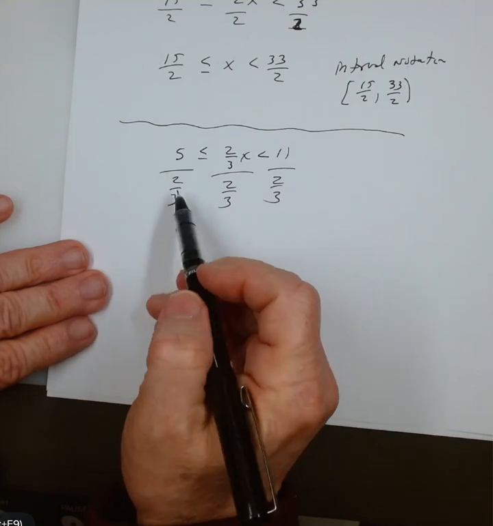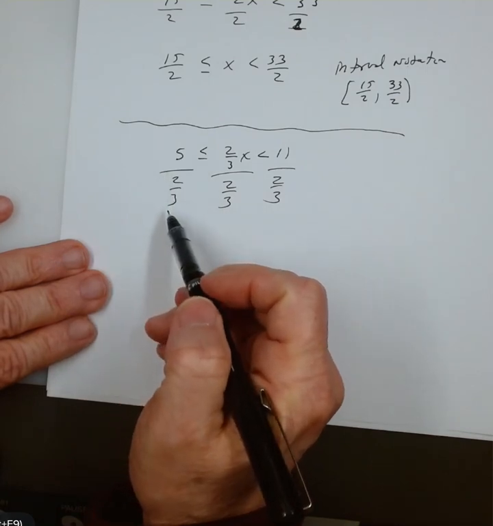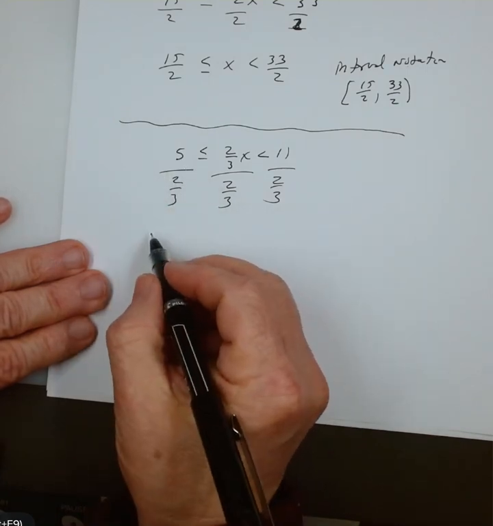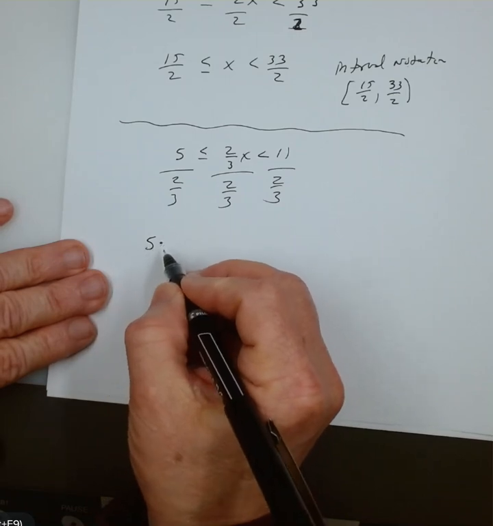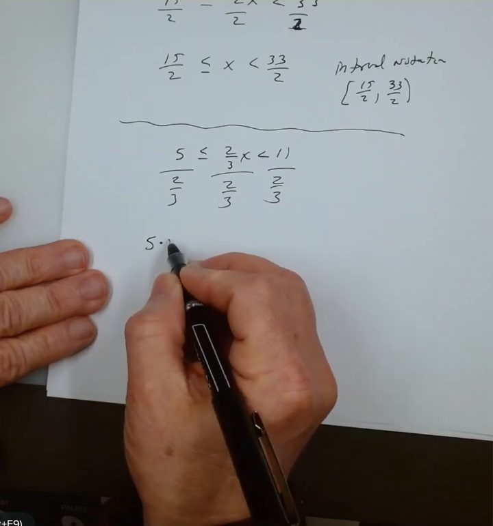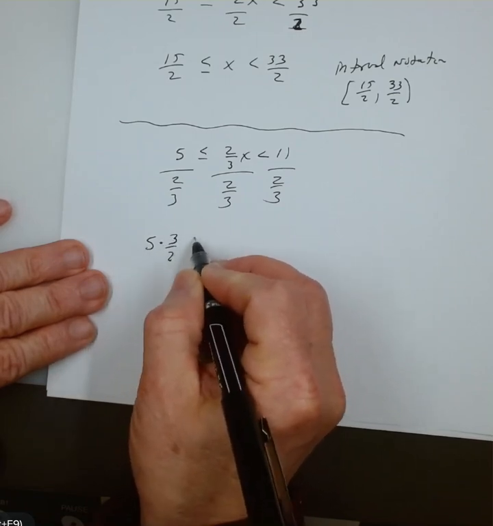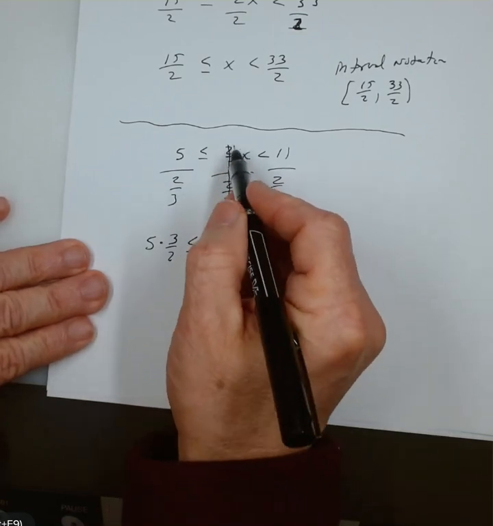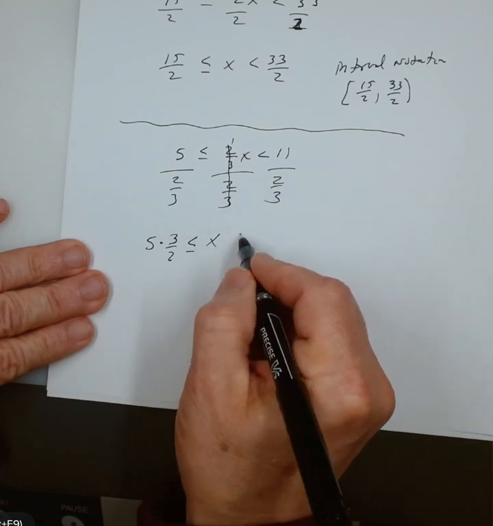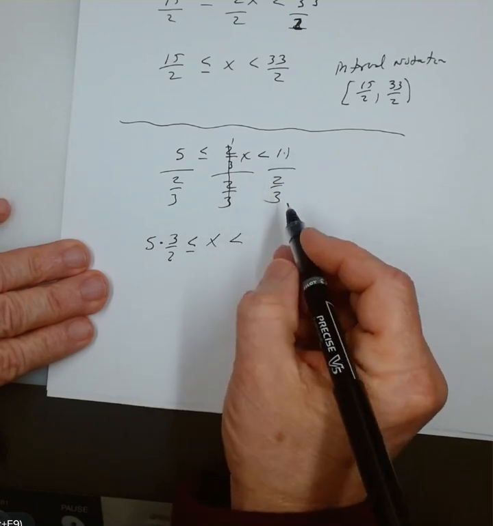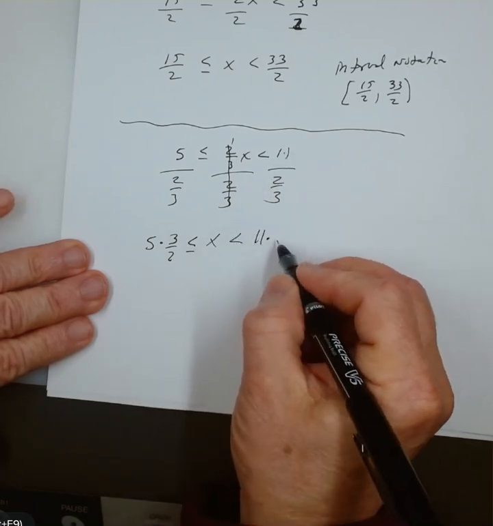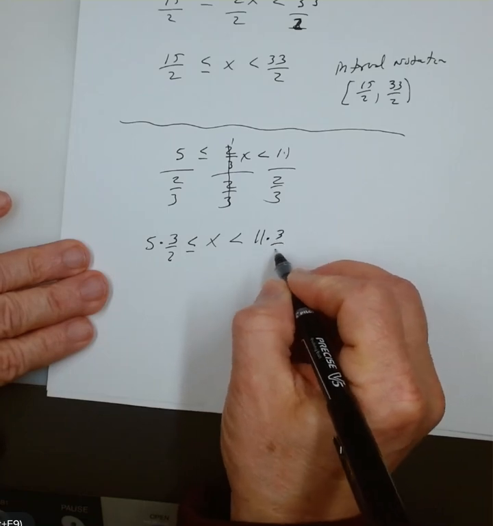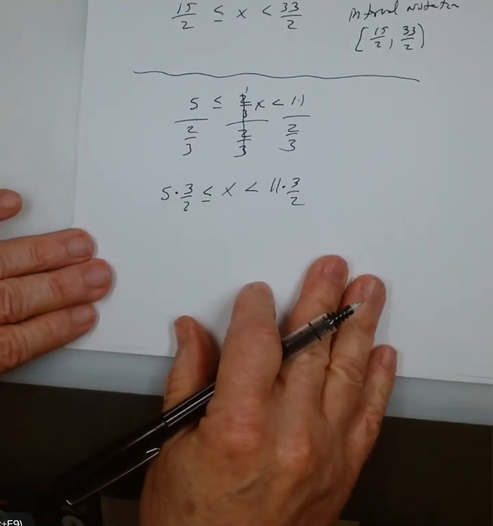What is 5 divided by 2/3? Well, 5 divided by 2/3 means 5 times what? 3/2. Less than or equal to 2/3 divided by 2/3 is 1. 1 times x is x. Is less than 11 divided by 2/3 means 11 times what? 3 halves.